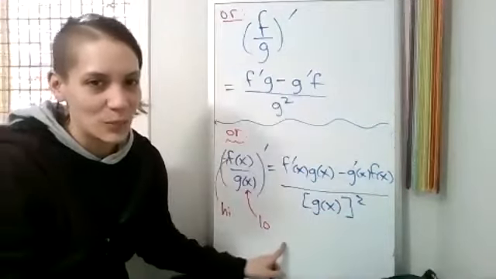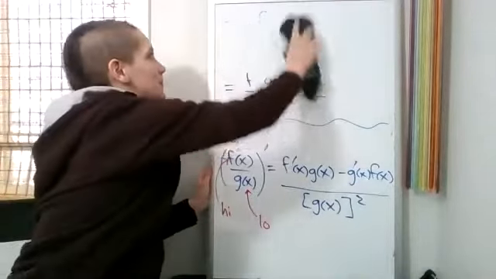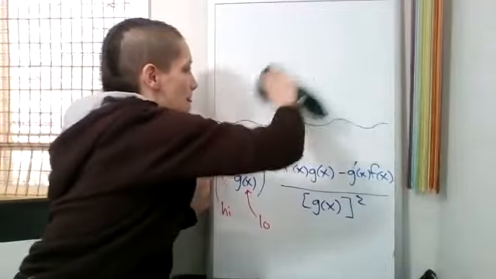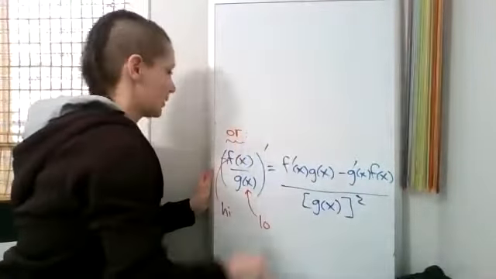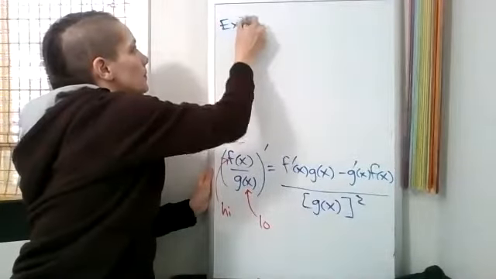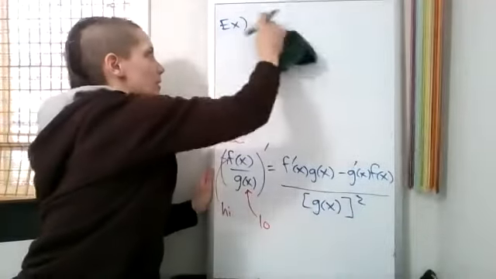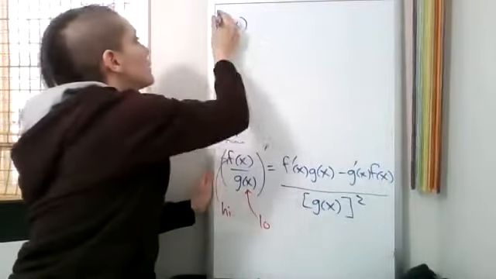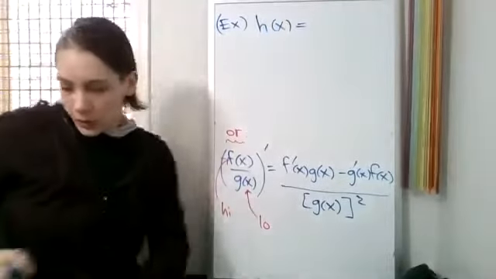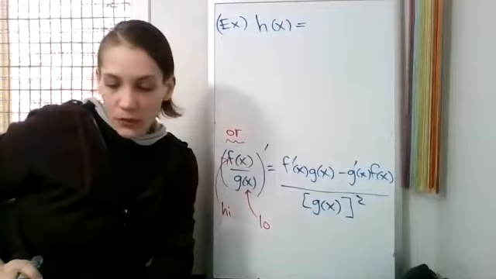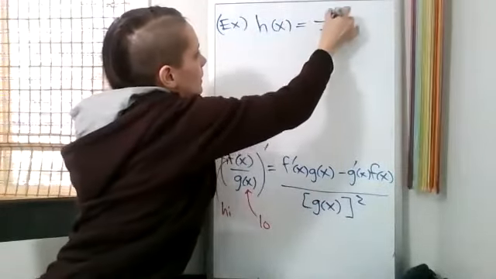Okay, I think we could also just practice. So we have an example. Let's call this h of x. We will do 7 to the x over 3x squared minus 2.